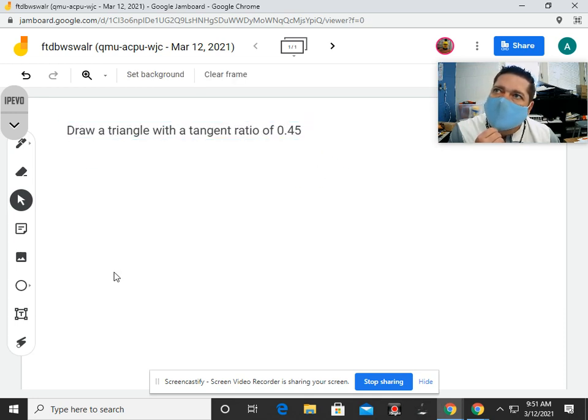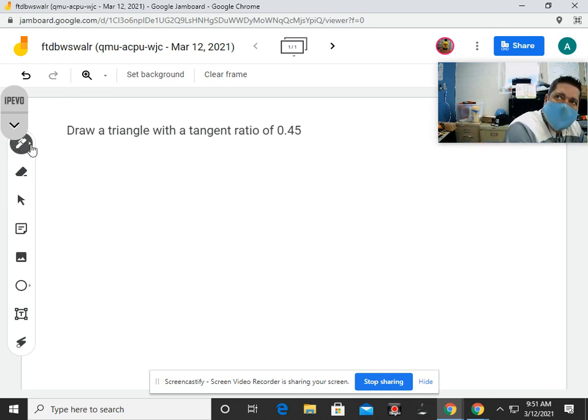And sine is opposite over hypotenuse, right? Tangent, what is that? Opposite over adjacent.